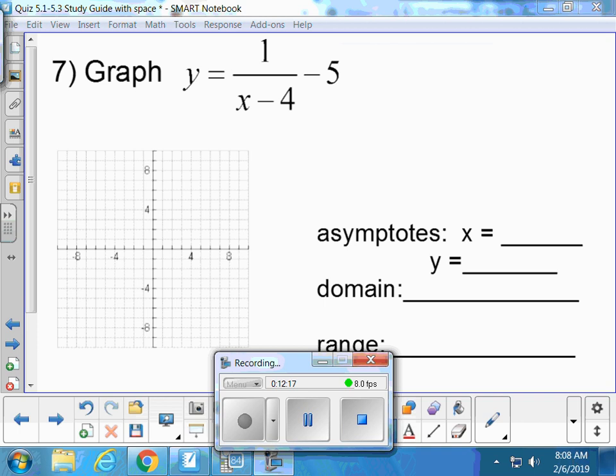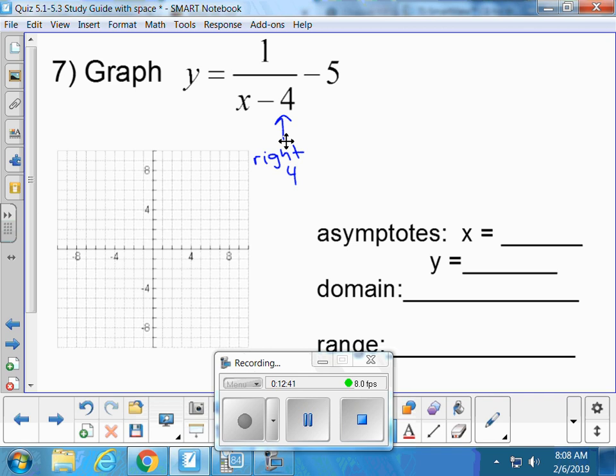We are on number 7. This is one where there's really a definite vertical and horizontal shift. You can get that information straight from looking. So let me just point. How would that number affect the shift? It's going to be opposite of what you'd expect. Right 4. Now right 4 will affect the vertical asymptote.